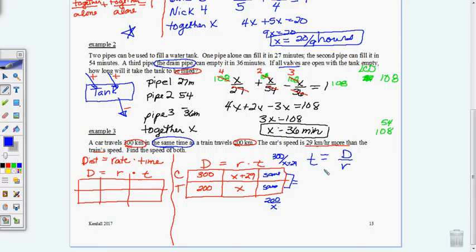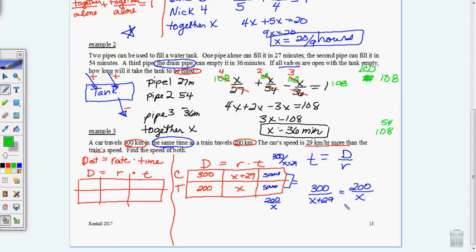Notice I manipulated my equation so I had something to fill these in. These are the same. That's where my equation is. So 300 over x plus 29 is going to equal 200 over x.